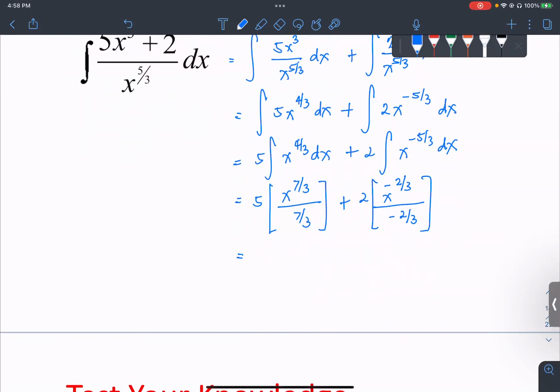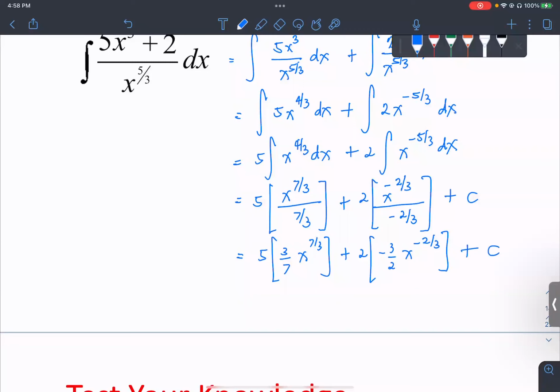So, it's equal to, so this one would be 5. So, yung ginagawa natin kanina, I'll have 3 all over 7 and x raised to 7 over 3. So, ito naman, plus 2, multiply it with negative 3 all over 2, x raised to negative 2 over 3. So, pwede na pala natin lagyan ng plus c doon.